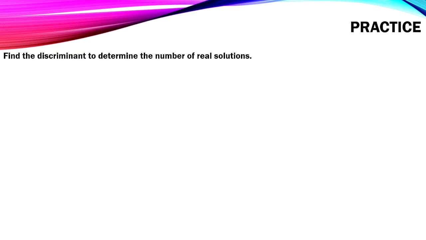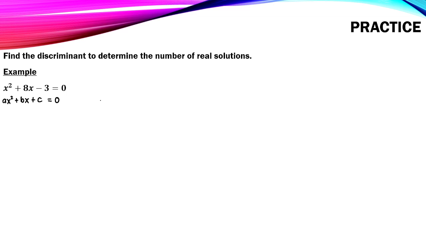I want us to find the discriminant so that we could determine the number of real solutions. So, for example, let's say we had this quadratic equation here. Let's find the discriminant to determine the number of real solutions. So again, what I would do first, let's write down the quadratic in standard form, which is ax squared plus bx plus c is equal to 0.